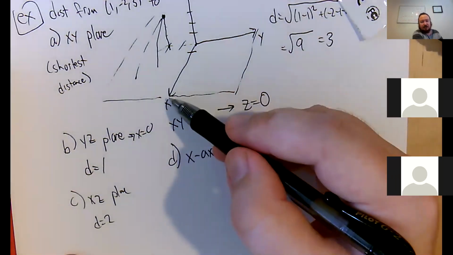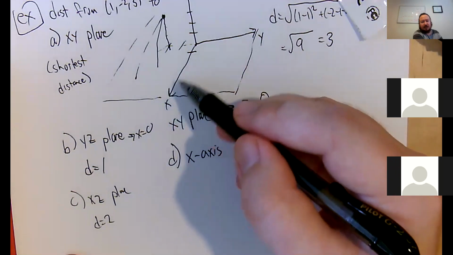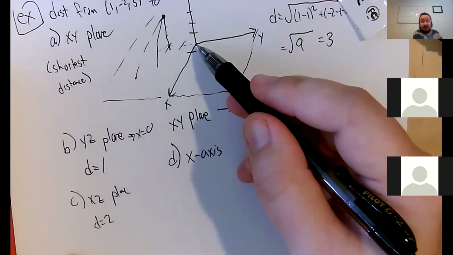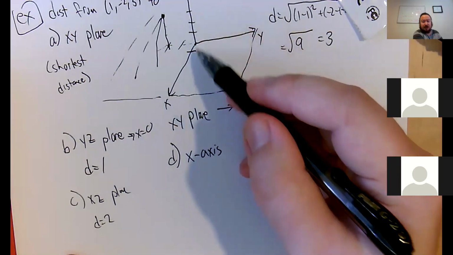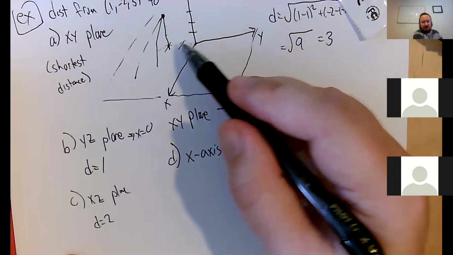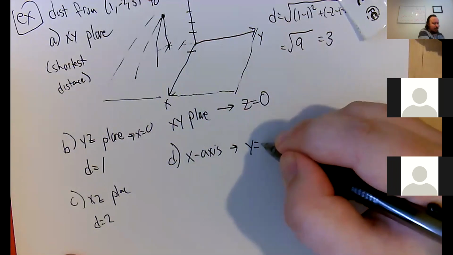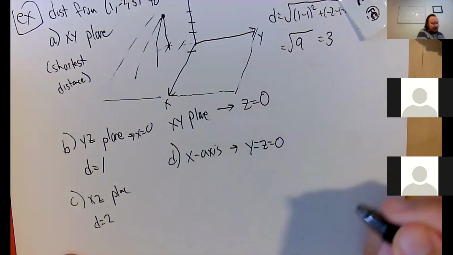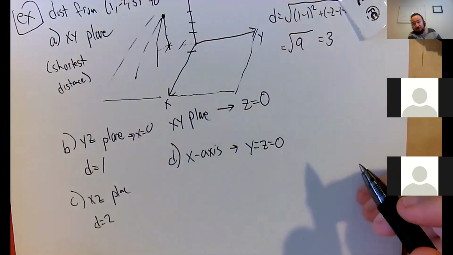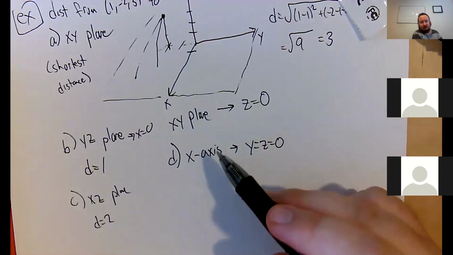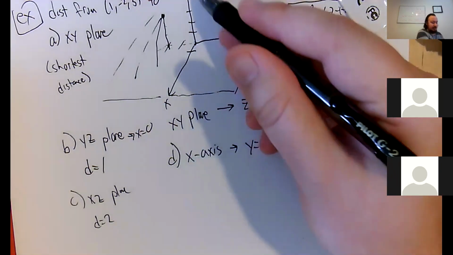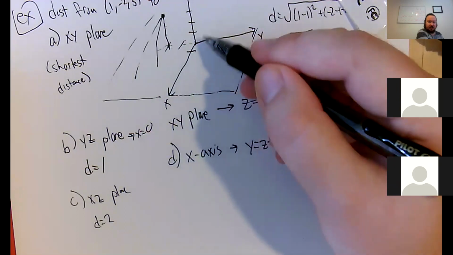The thing in common with everything on the x-axis is that our z is going to be 0. We're not up and down in any way. And our y is going to be 0. We're not left or right in any way. So the x-axis means that both y and z need to be 0. So this is the condition to make the x-axis. We're not in y and z at all. We're simply just along here.